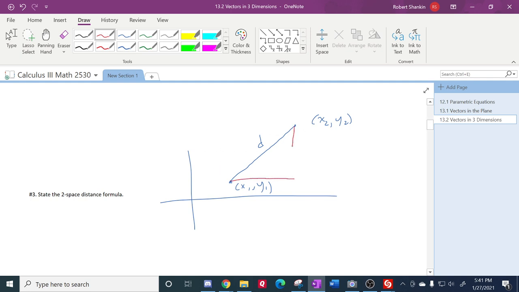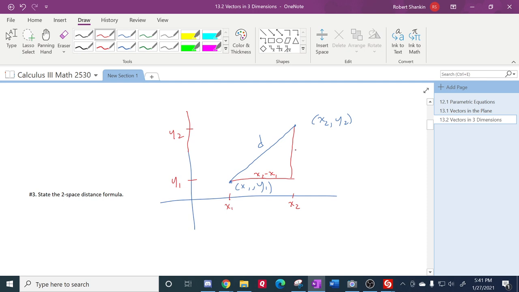I would construct this. So this is x1 units over. Over here, this is x2 units over. So this must be x2 minus x1. This point, this height is y1. This height is y2.